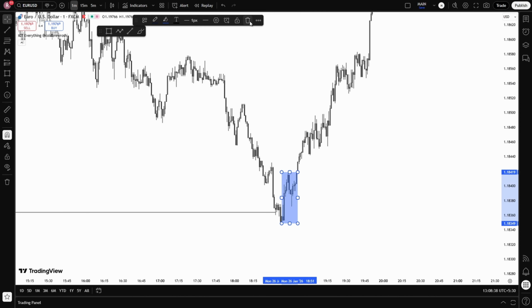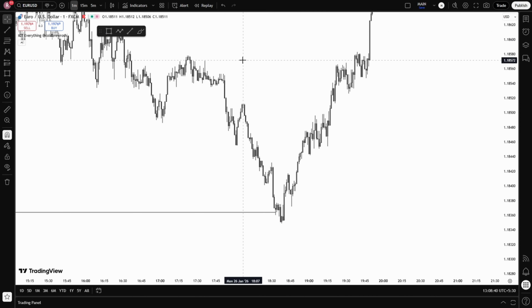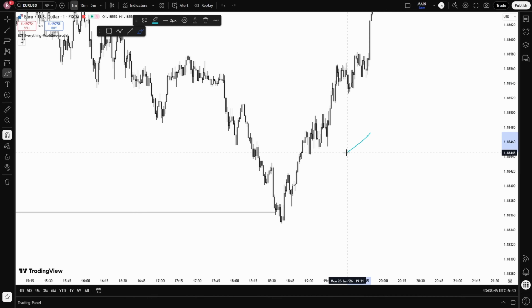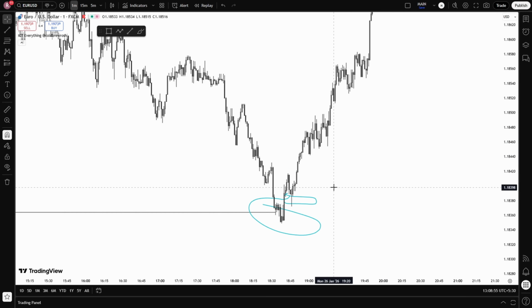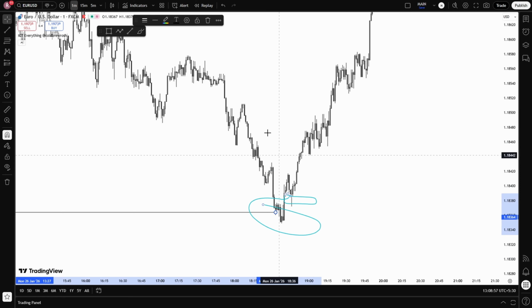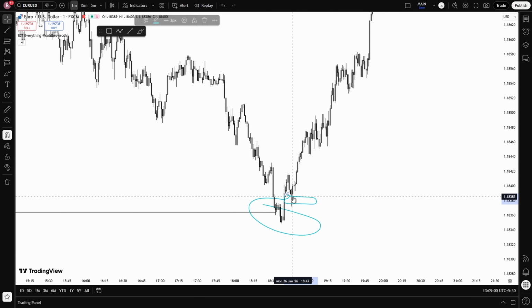Because of that, you need to become an observer, not someone who expects the market to behave in a fixed way. After a liquidity sweep, it is not always going to be the same PD array, and it is not always going to be just one PD array. Sometimes it can be two, sometimes more than two, but not every single time. That is why observation is very important.